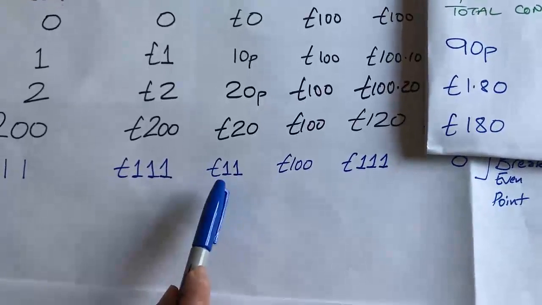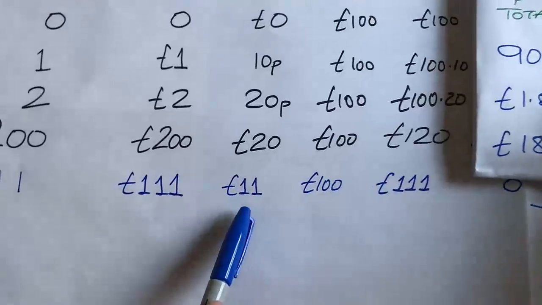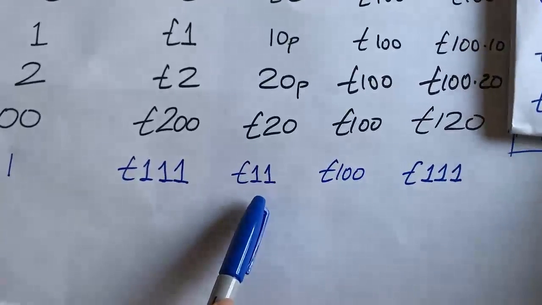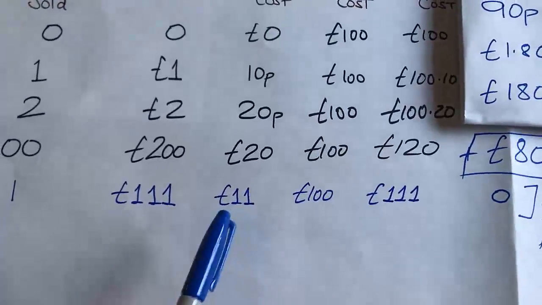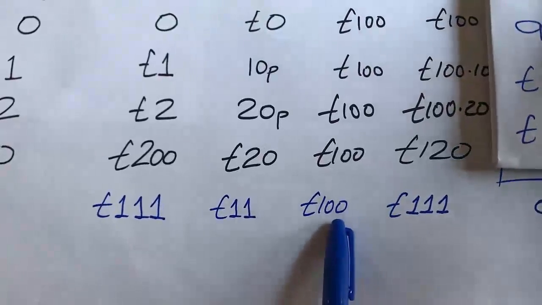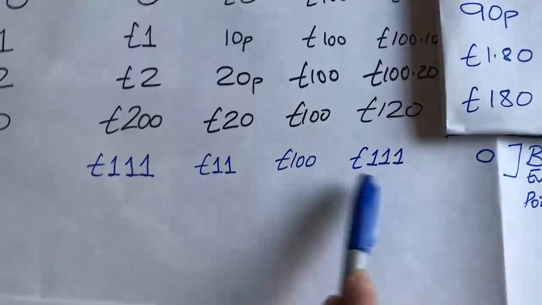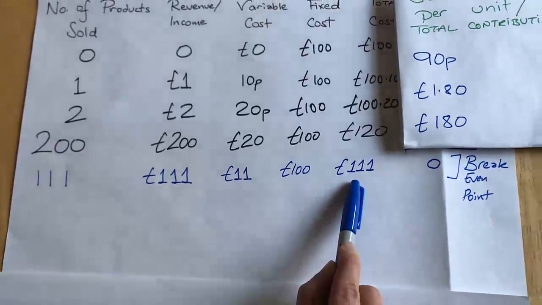Our variable cost would be £11 because it's 10 pence to make one unit, so 10 pence times 111 units gives us £11. Fixed cost remains the same at £100, and our total cost would be £11 plus £100, which means it's £111.